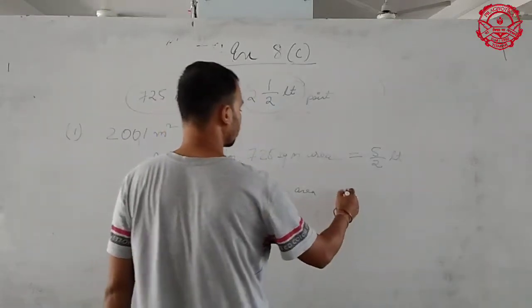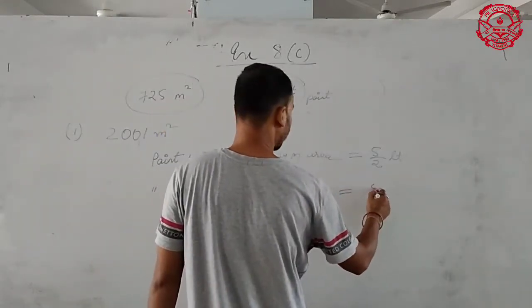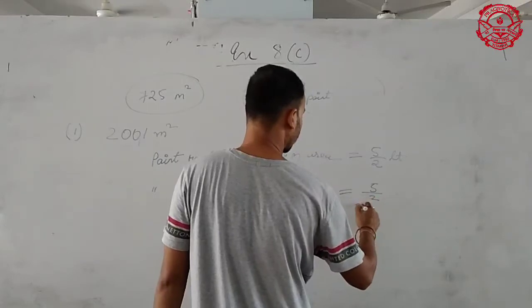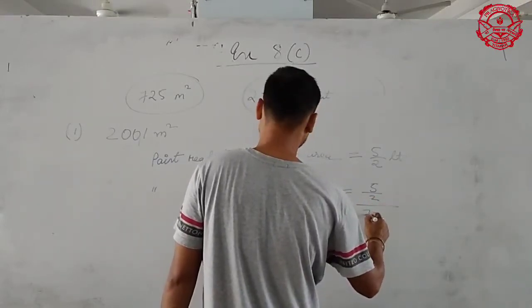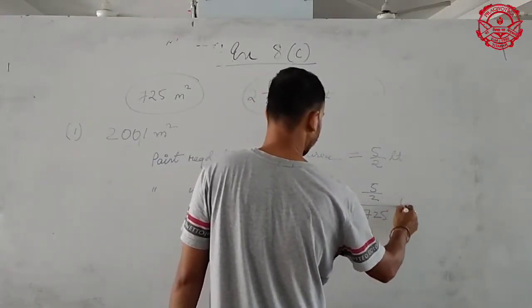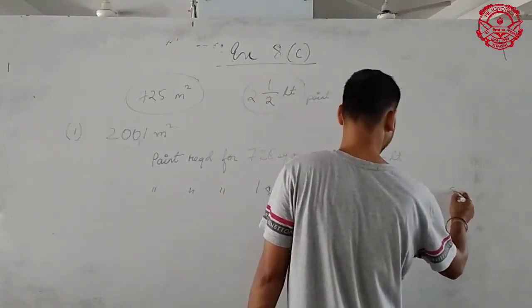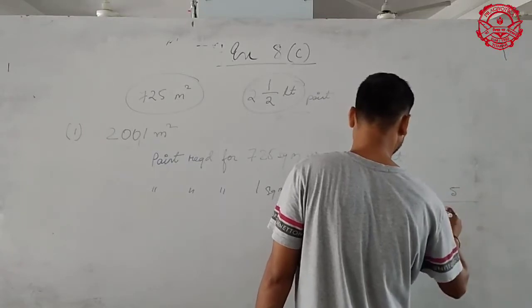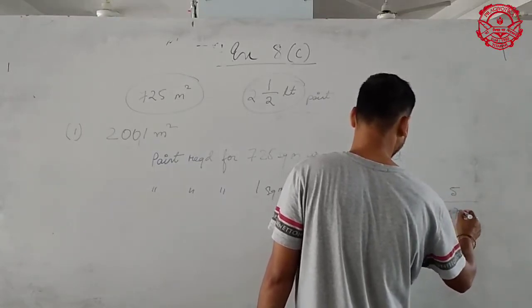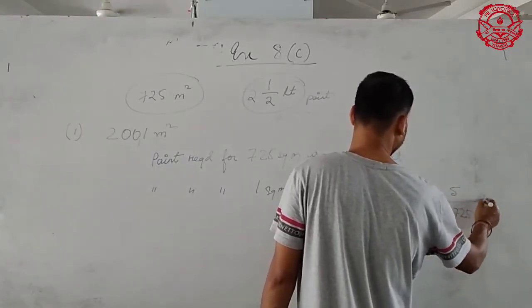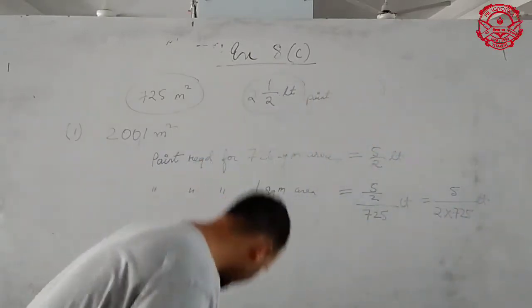It will be how much? Divide this. 5/2 divided by 725 liter. It will be 5 divided by 2 into 725 liter. You keep this, you can solve it later on.